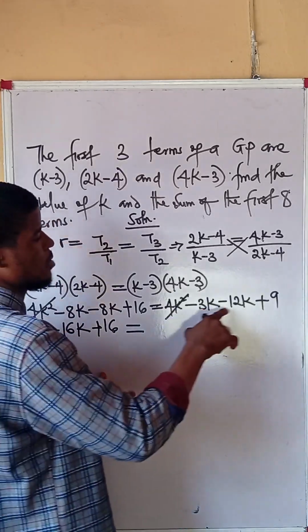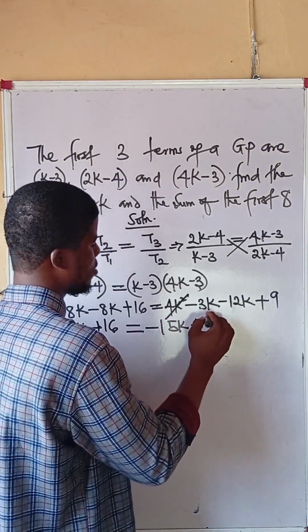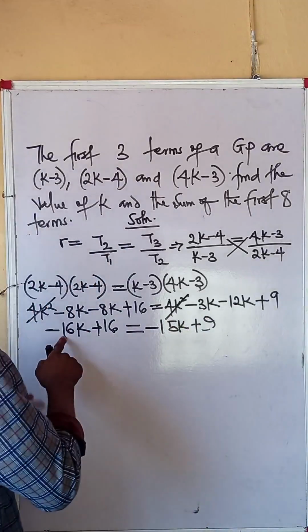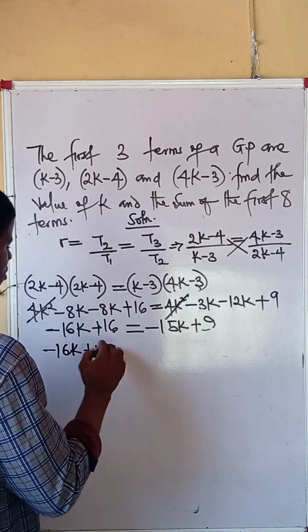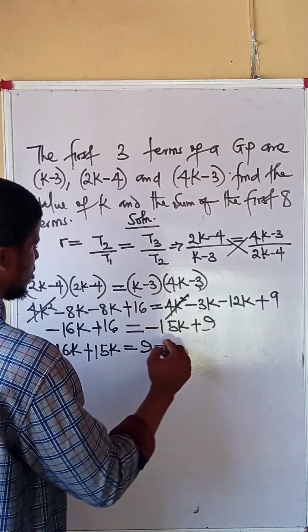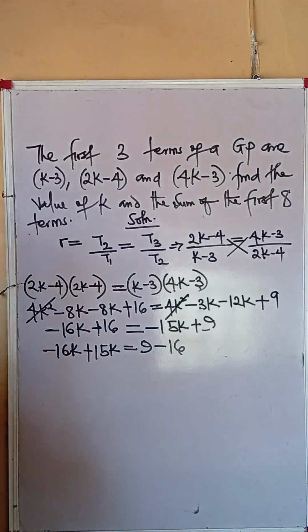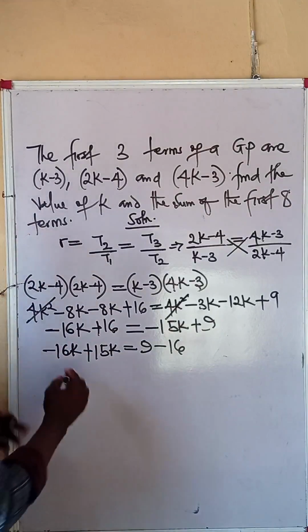Minus 3k minus 12k is minus 15k, then plus 9. Minus 16k plus 15k is equal to 9 minus 16. Minus 16k plus 15k is minus 1k.